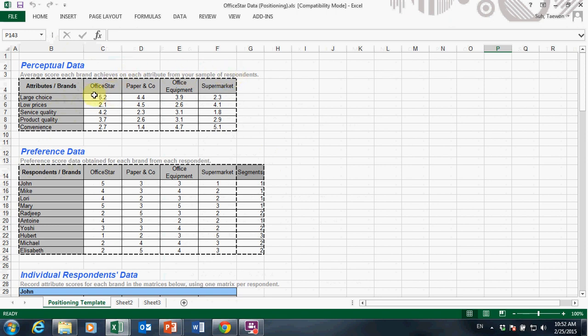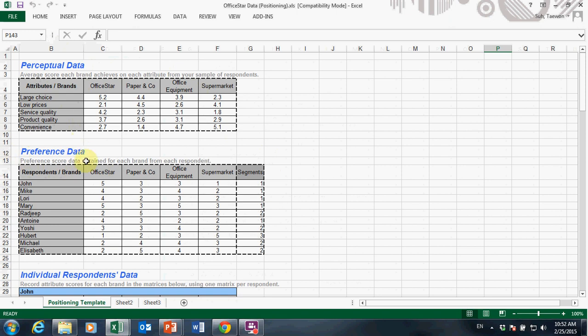Office Star is an Office Depot-like store, and it has 3 major competitors in the category. So respondents evaluated attributes in terms of the 4 major brands, and these are the averages from their ratings.